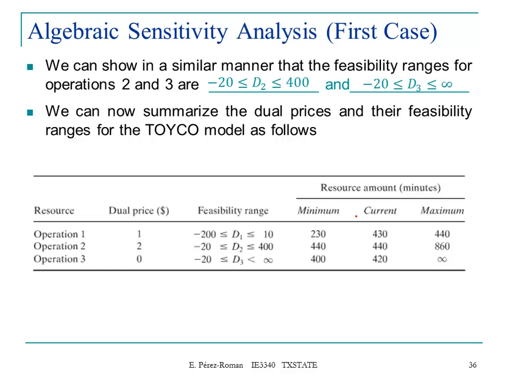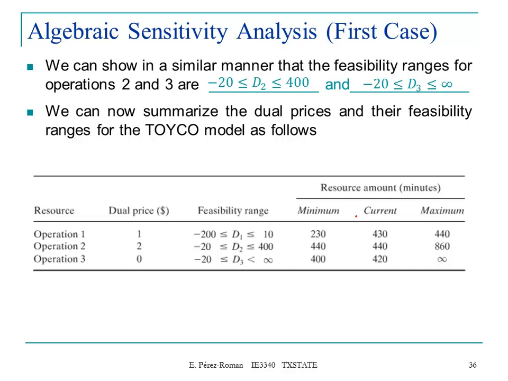We have three operations, and if we increase the capacity of operation 1 by 1 minute, how would that affect my optimal solution? How much money would I make? So what the dual price is telling you is, if you increase this operation by 1 unit, you're going to make an extra $1. If you increase operation 2 by 1 unit, you're going to make $2 more. If you increase operation 3 by 1 unit, you don't make any money. So that doesn't make any difference.